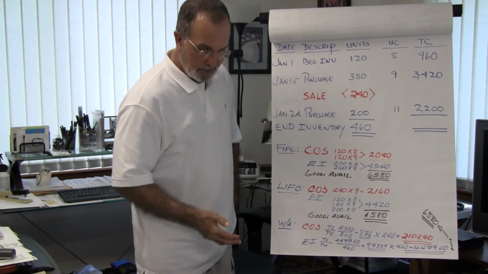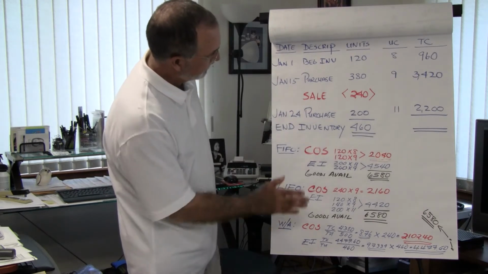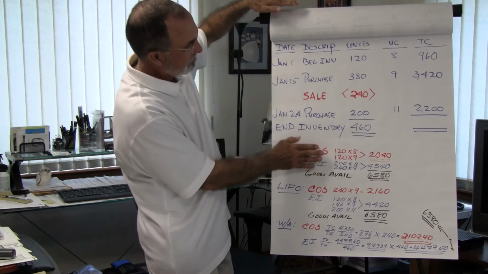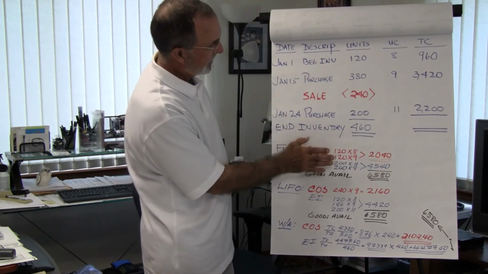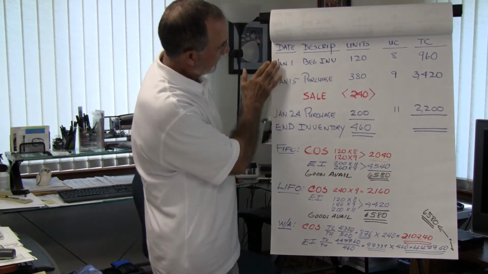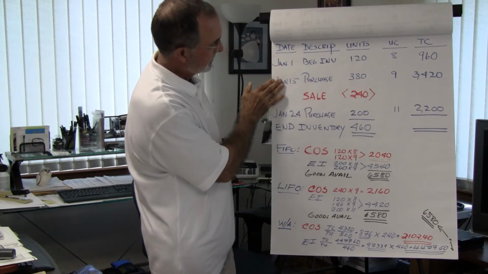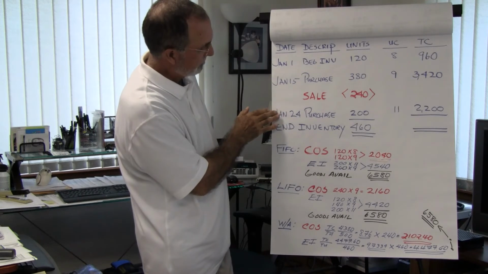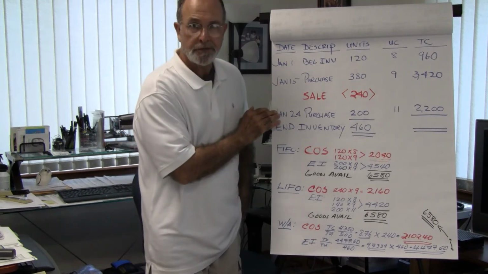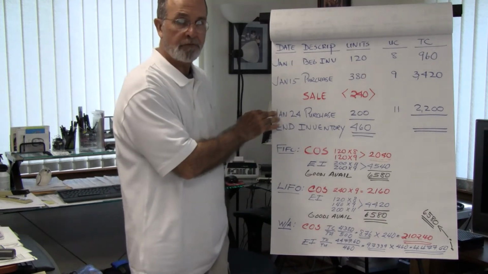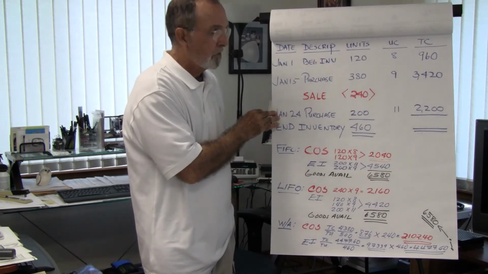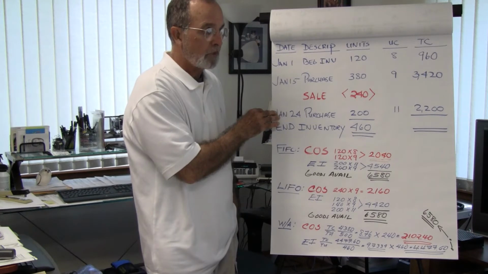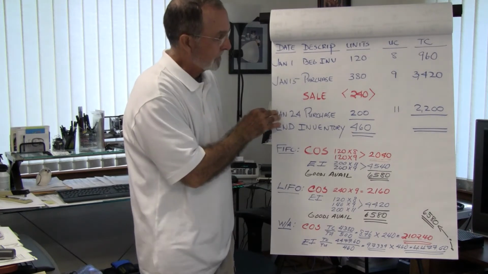And notice what I have put up here for you to see. Notice that our beginning inventory, our two purchases, the 15th and the 24th, that information doesn't change for this exercise regardless of which cost flow assumption we are using.